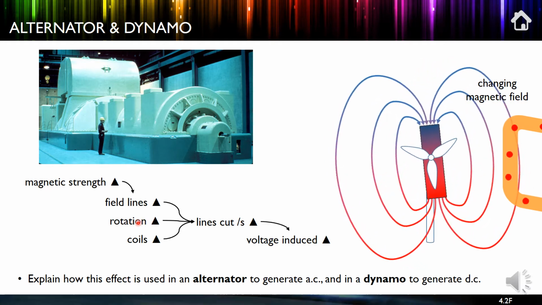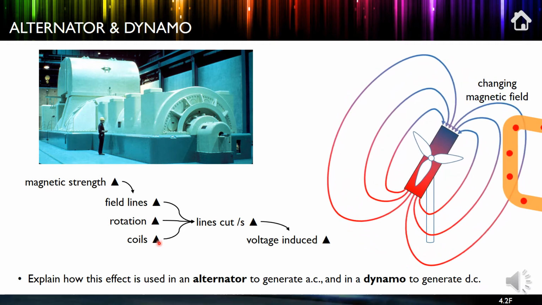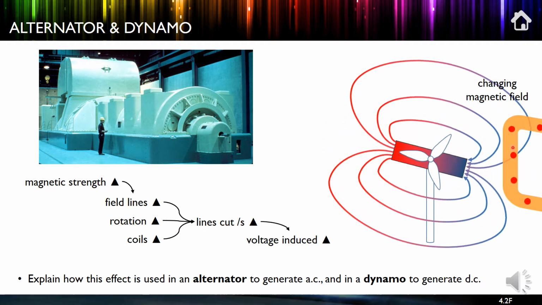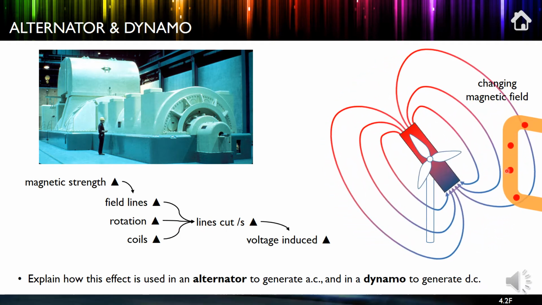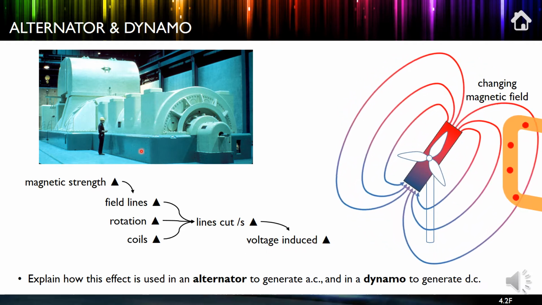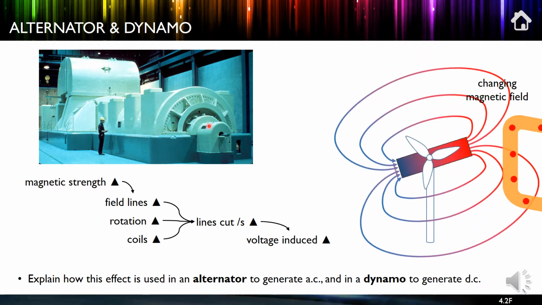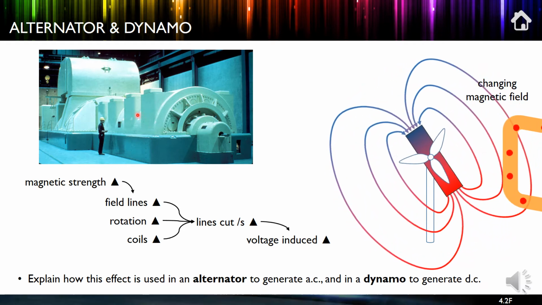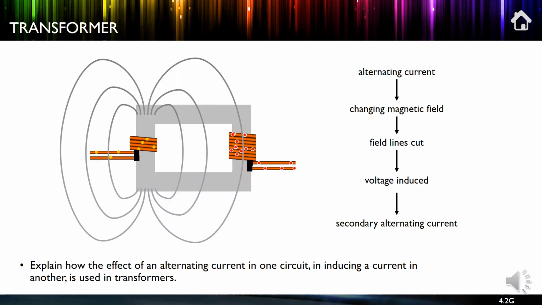Faster rotation obviously means more lines being cut, and more coils means the same. The more we get this cutting, and it's not literal cutting, but cutting across, the greater the voltage that will be induced. And here we see it on a large scale. This is obviously not a wind farm, but it's going to be steam or something, or water driving these turbines there.